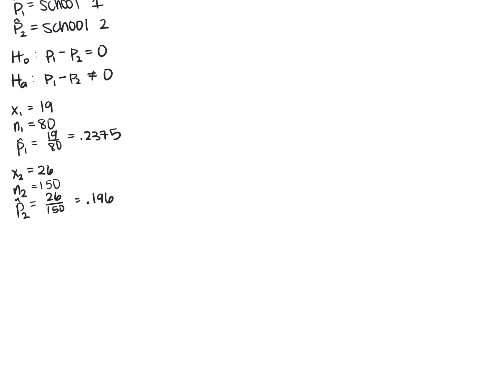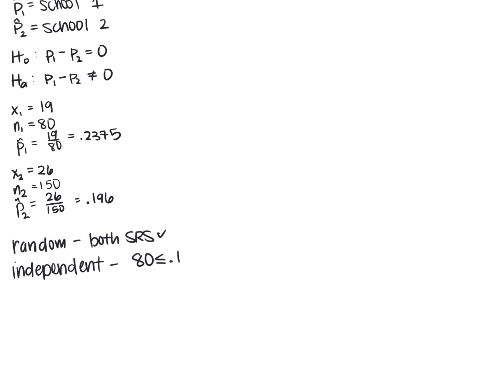Now I'm going to check my conditions. So for random, I need to make sure that both were SRSs, and they did take both of them as SRSs, so we're good there. For independent, our School 1 sample size, 80, has to be less than or equal to 10% of the population.